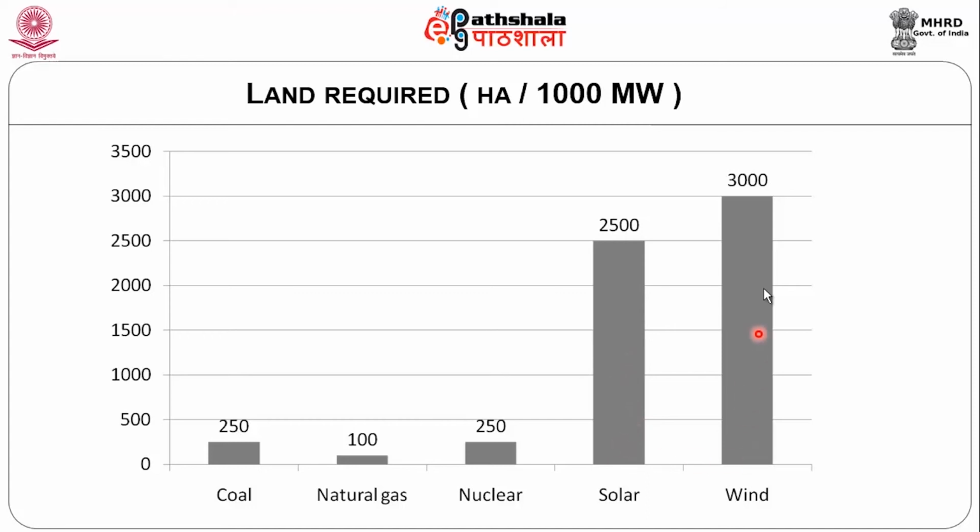Wind, of course, needs more land area compared with other technologies. For 1000 megawatt of installed capacity it requires 3000 hectares of land, but it is not wasteful. Underneath the wind turbine, we can do agriculture and cultivation, without wasting the land.